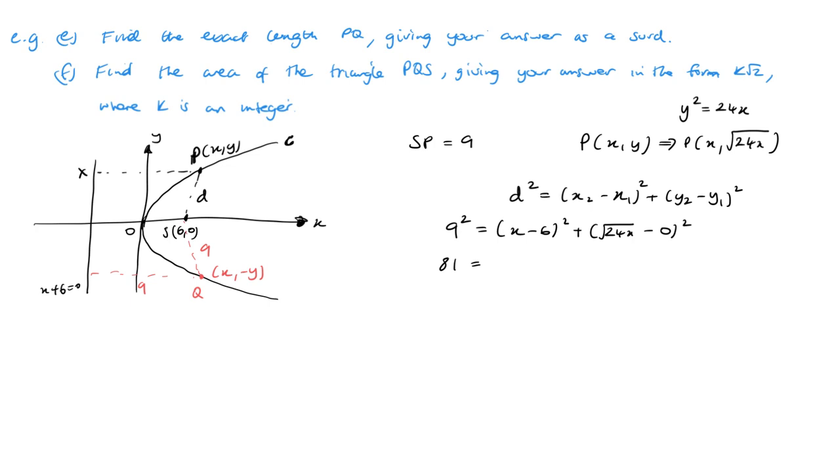So this is 81, and then we've got x squared minus 12x plus 36 plus 24x. So that's x squared plus 12x minus 45.